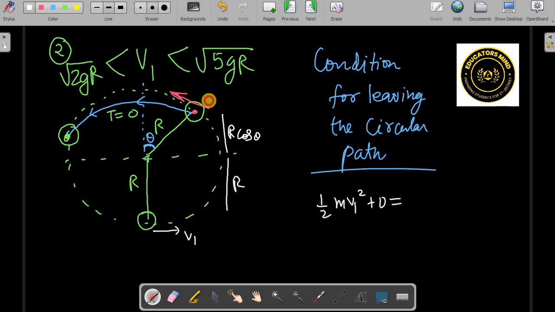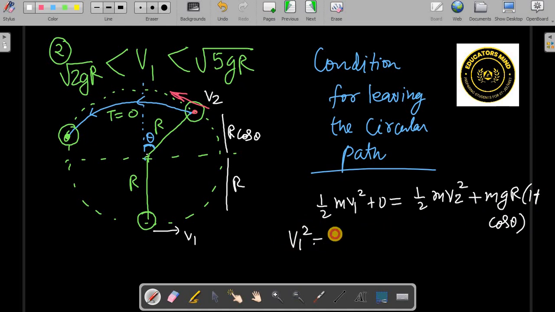At that point, let's say the speed is v2, so half m v2 square, and then the potential energy mg h, where h is r times 1 plus cos theta. If you open this, you get v1 square is equal to v2 square plus 2gr (1 plus cos theta). Theta is measured from the vertical.